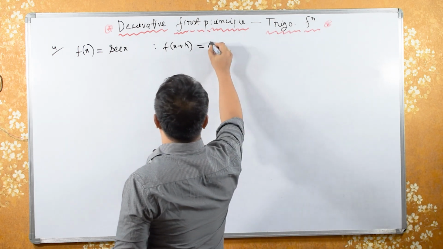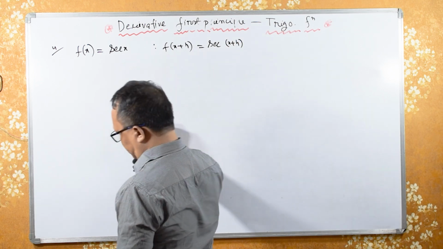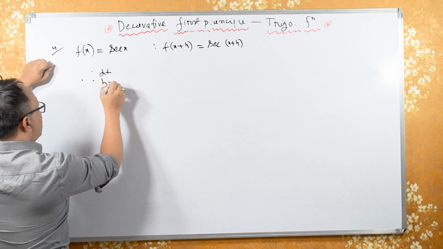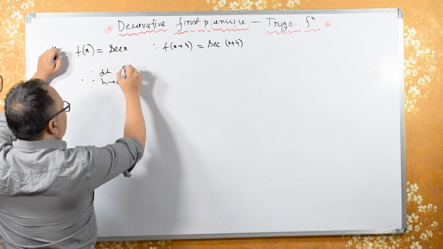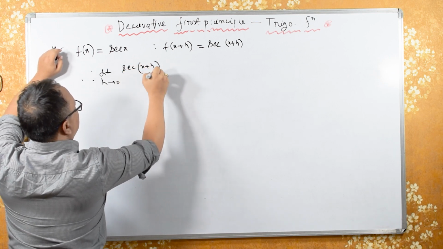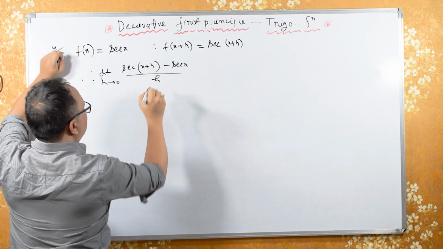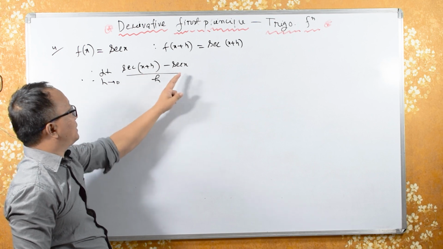It will be sec of x plus h. Therefore, limit of h tends to 0, f of x plus h minus f x upon h, we have sec of x plus h minus sec x upon h.